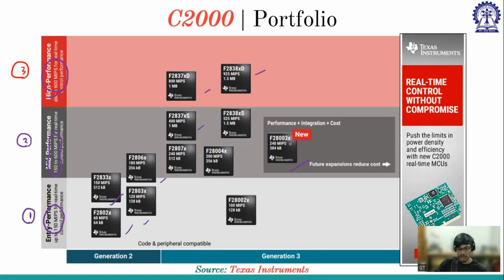There is a wide range of microcontrollers available in both ST as well as Texas, depending on our cost, size, flexibility, and ease of usage. We can consider all these things and select one of the microcontrollers, and accordingly we have to design our digital controller.